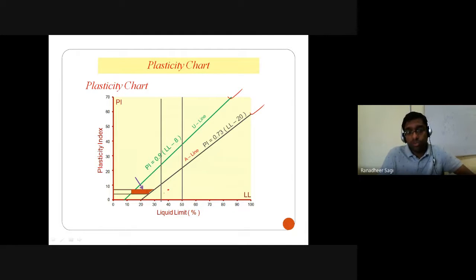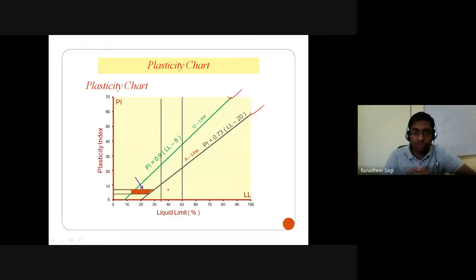Sir, if the point falls below the A line, you are saying it is to be called either silt or organic soil. Then how do I exactly know whether it is a silty soil or an organic soil? So depending on the color of the soil sample and the decomposition characteristics of that soil, and even based on the odor, that is the smell, you will be able to understand.